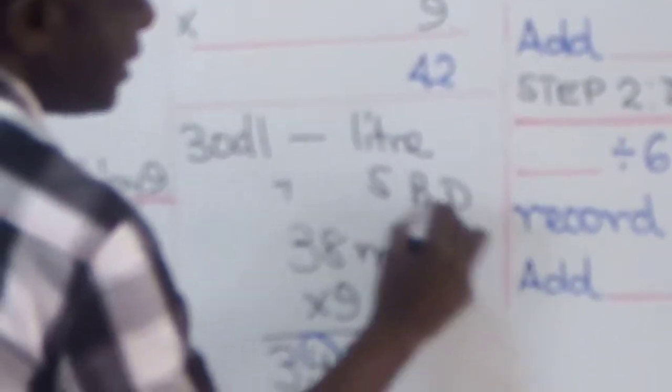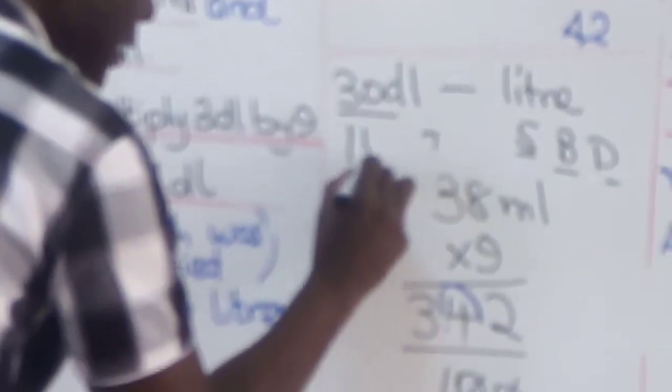We convert 30 deciliters into liters. A deciliter is smaller than a liter, so we are still using SBD, smaller to bigger divide. So we are dividing 30 deciliters by 10, because 10 deciliters equals 1 liter.